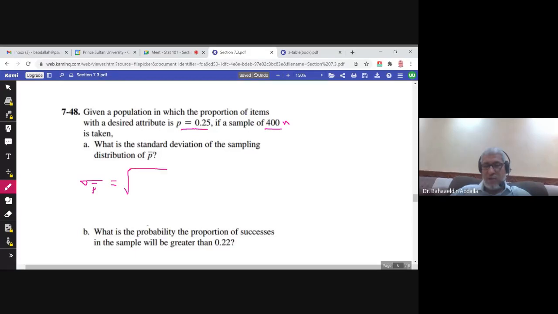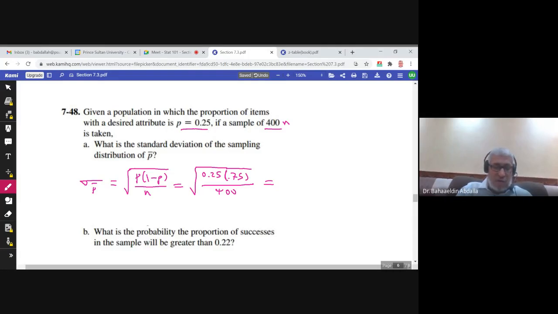It is the square root of P times 1 minus P over N. So it's the square root of 0.25, the population proportion, times 1 minus 0.25, which is 0.75, over N, which is 400. This is the standard error, or the standard deviation of P bar.